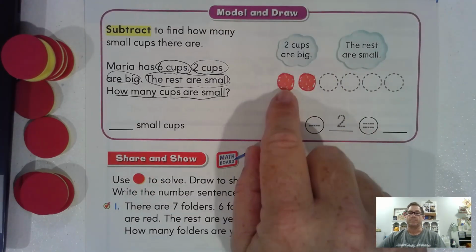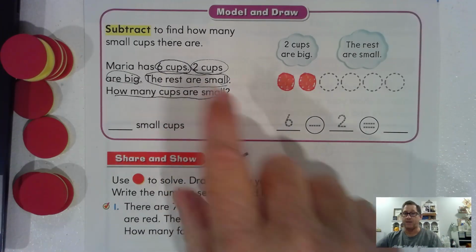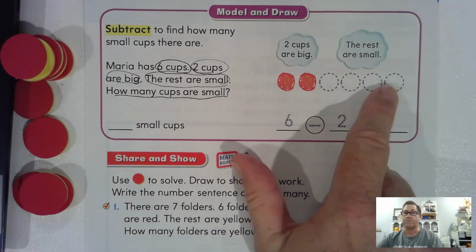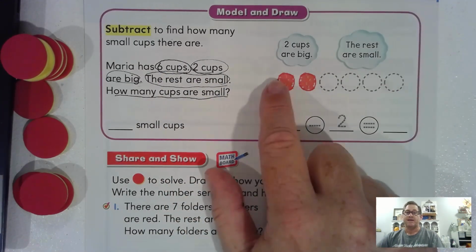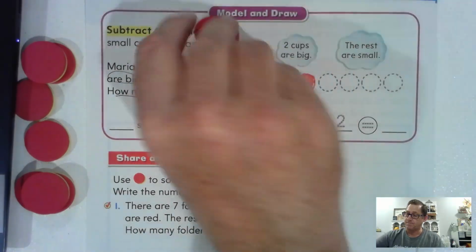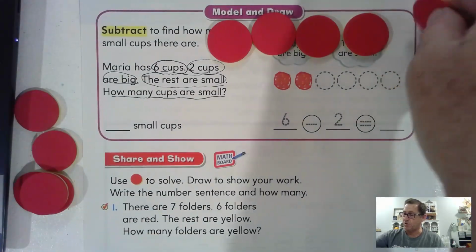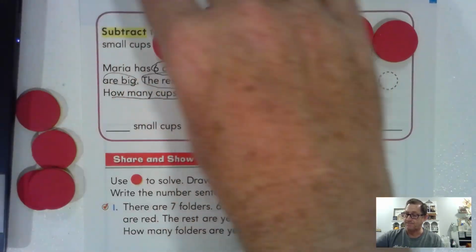So again, we would draw 6. That's the total, right? They told us 6 cups. 1, 2, 3, 4, 5, 6. Now we can use the 2 sides of our counters. I'm going to go ahead and start off with them all up red.